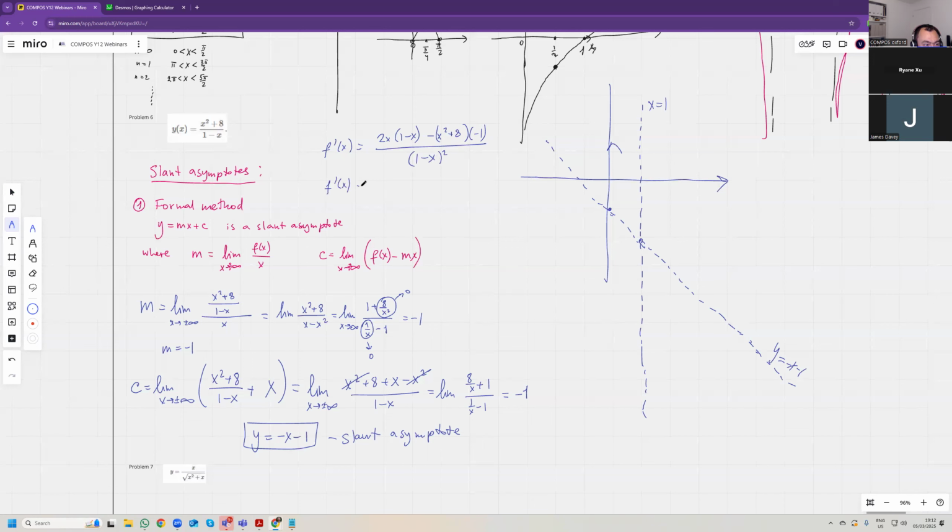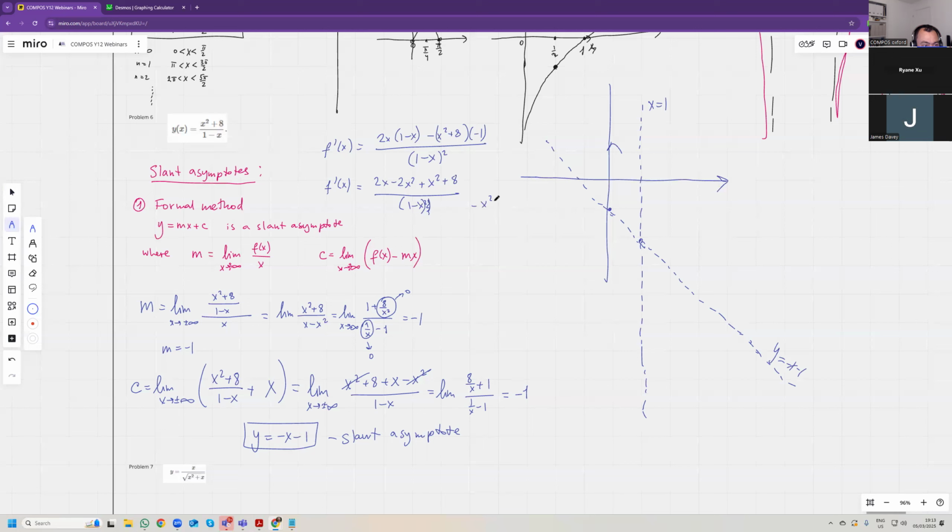F dash of x is 2x minus 2x squared plus x squared plus 8 over 1 minus x squared.